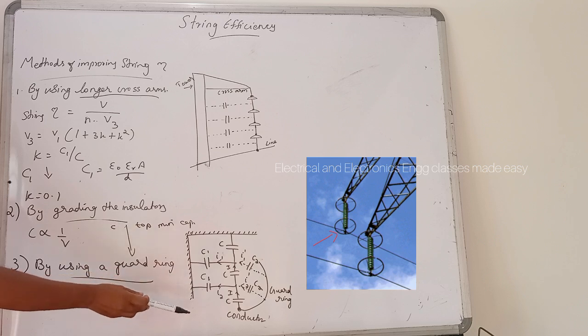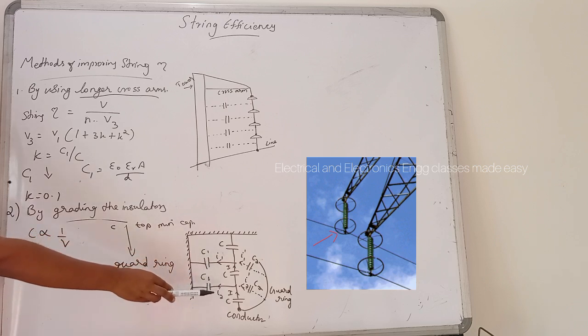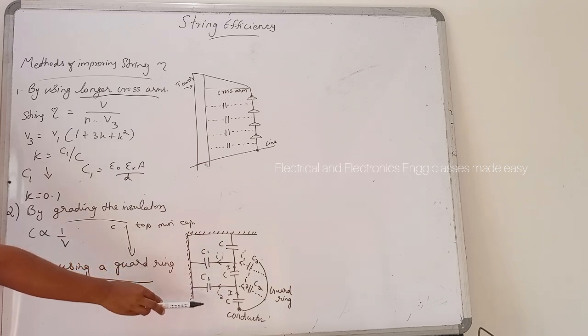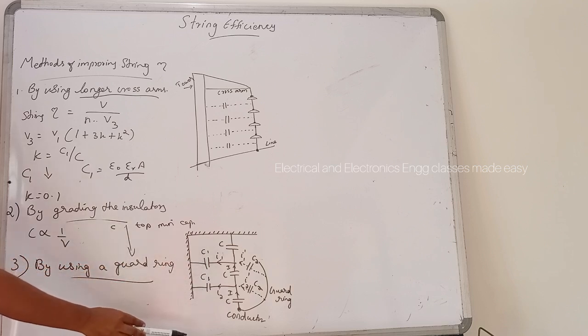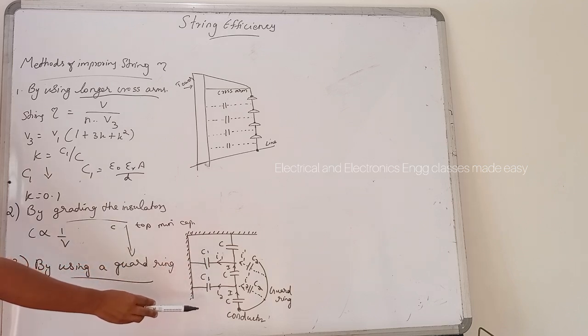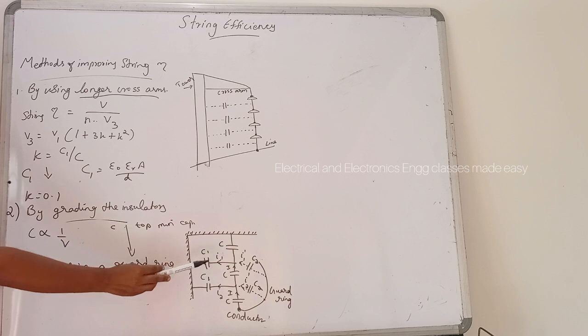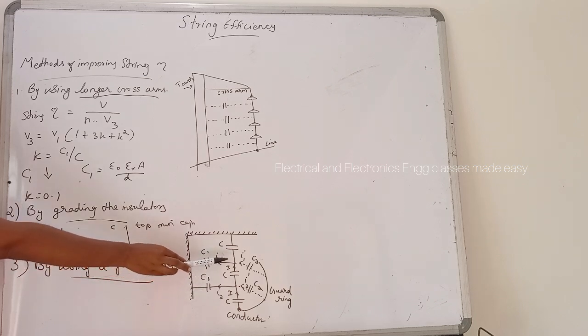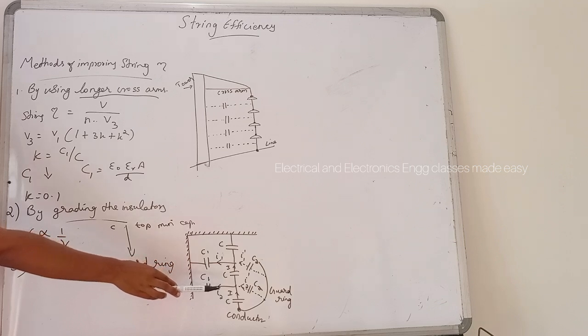The guard ring introduces capacitance between the metal fittings and the line conductor, and hence it tends to cancel the shunt capacitance. The guard ring is mounted in such a way that the shunt capacitance currents I1, I2, etc. are equal to the metal fitting line capacitance currents I1 dash and I2 dash.